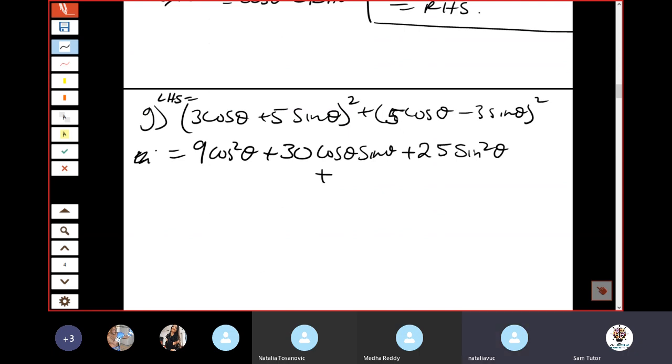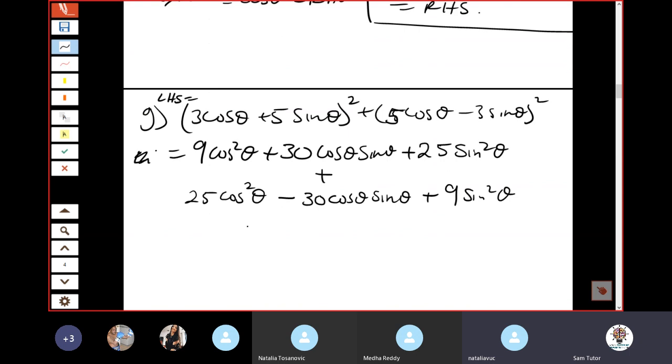So this first bracket, that's the answer for it. That's the first one. Plus, after this, the second bracket: 25 cos squared theta, minus 30 cos theta sine theta, plus 9 sine squared.